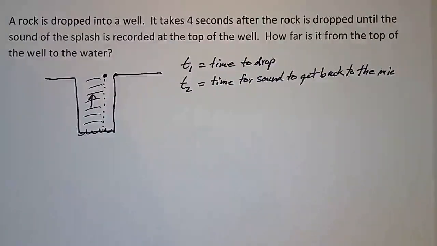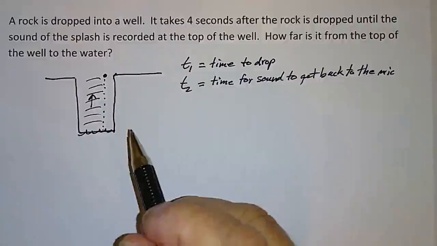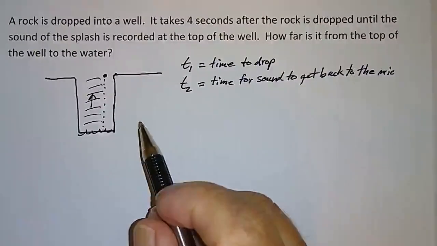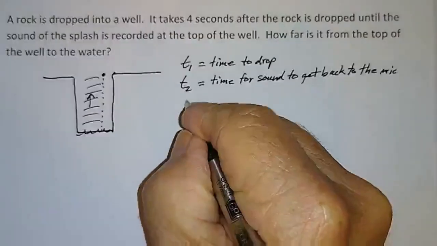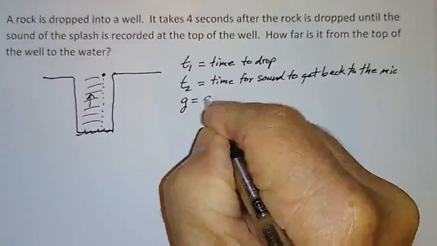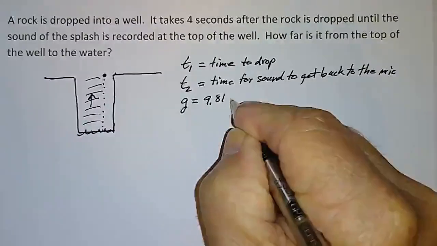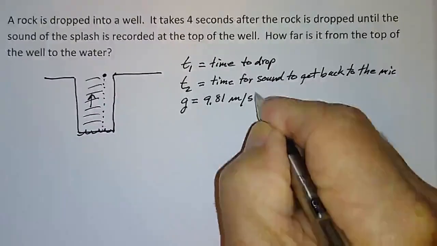Okay, one way to handle this problem is to realize that as the rock falls, it's undergoing a constant acceleration, g, which is equal to 9.81 meters per second squared.